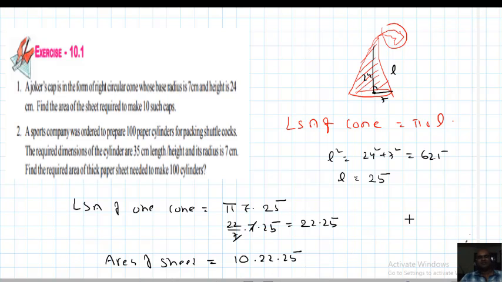Now multiply. 50, 50, 0, 5 5, one more 0, that is 5500. In centimeters, I can say that 5500 square centimeters.